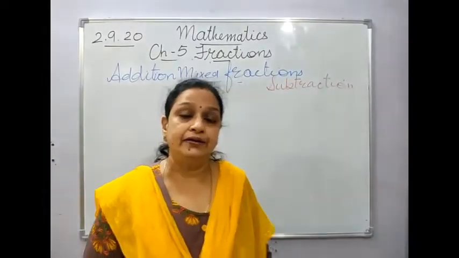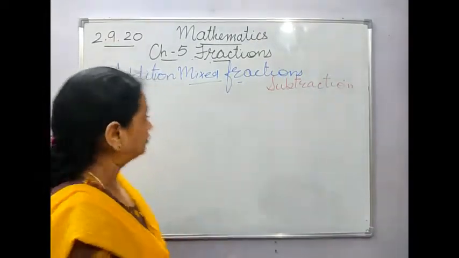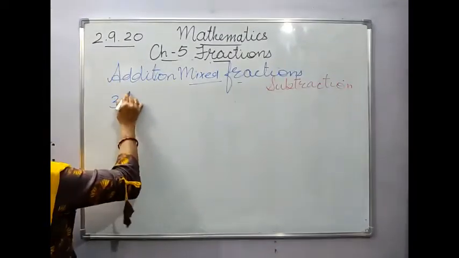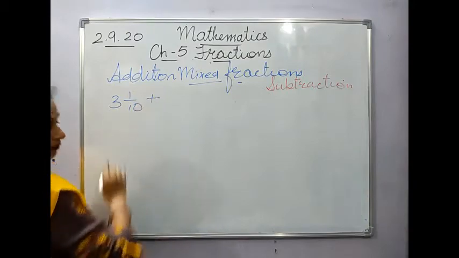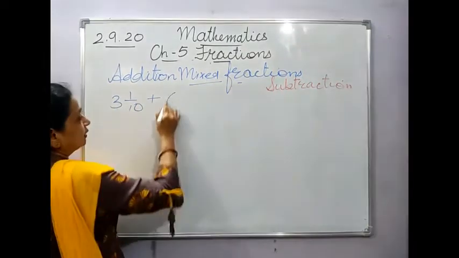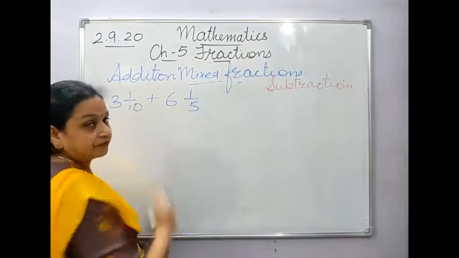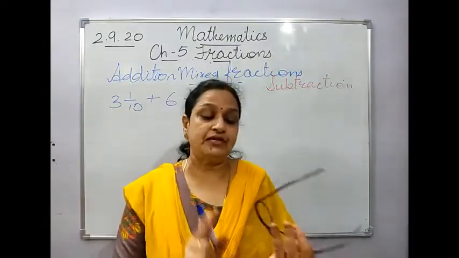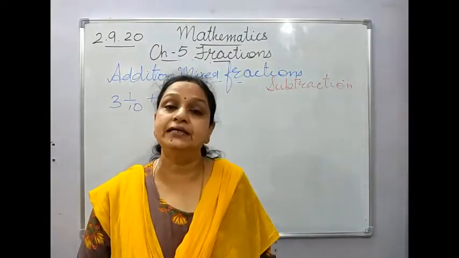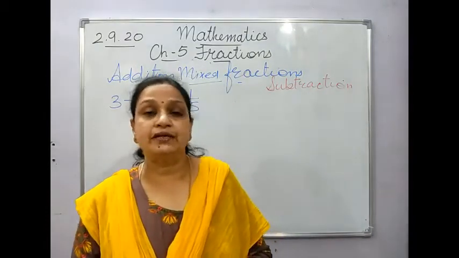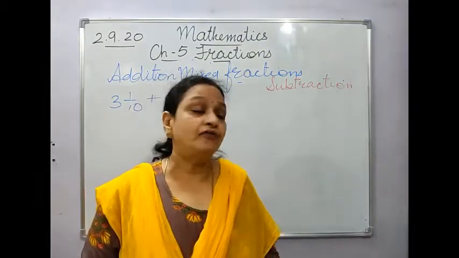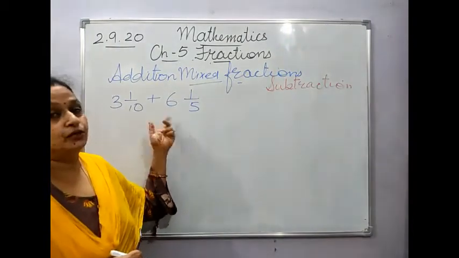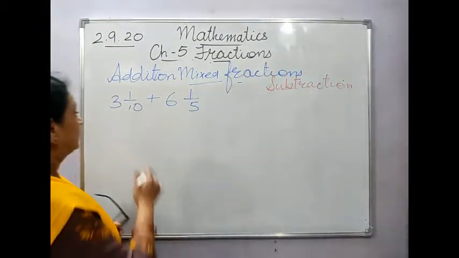The only thing is that you have to pay a little attention. Suppose I have taken 3 whole number 1 upon 10 plus 6 whole number 1 upon 5. This is a mixed fraction. Whenever there is a mixed fraction, whether it is addition, subtraction, multiplication and so on, you have to convert this mixed fraction into an improper fraction.